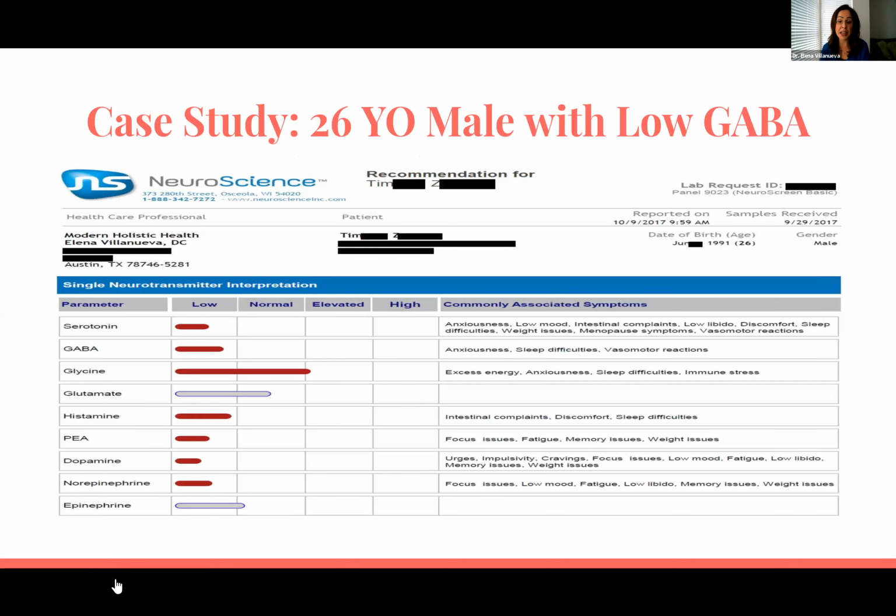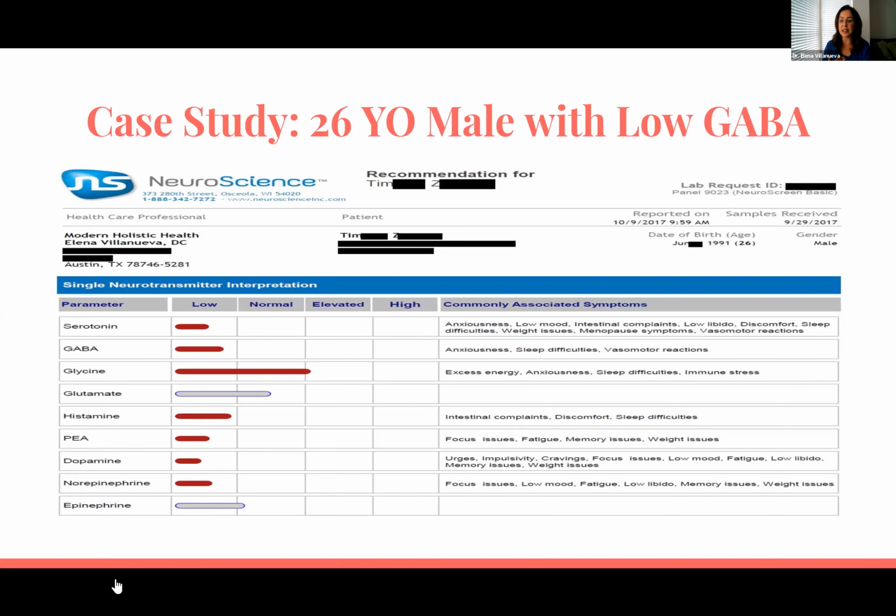Here's a case study of a 26-year-old male that came to us having many different symptoms. His biggest symptom was that he had absolutely no motivation. This young man is a pharmacist, and he understood the detrimental and dangerous effects that the pharmaceutical route could cause for him, and he wanted to avoid that.